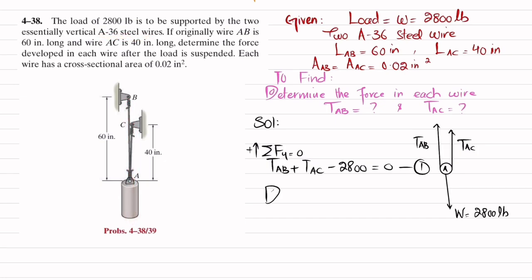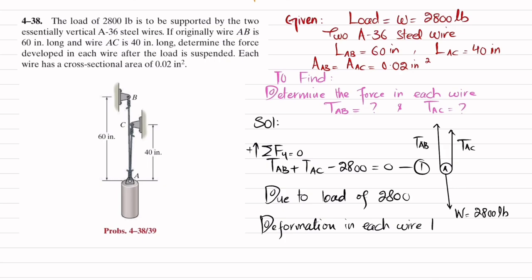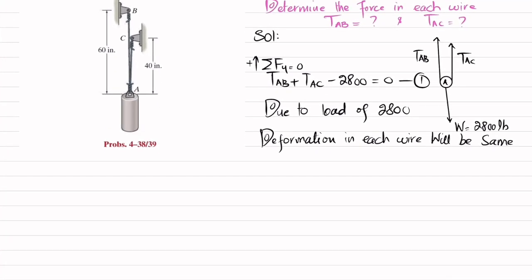So I will write, due to the load of 2800, the deformation in each wire will be the same because they are of A36. So deformation, which is equal to delta: delta AB will be equal to delta AC.